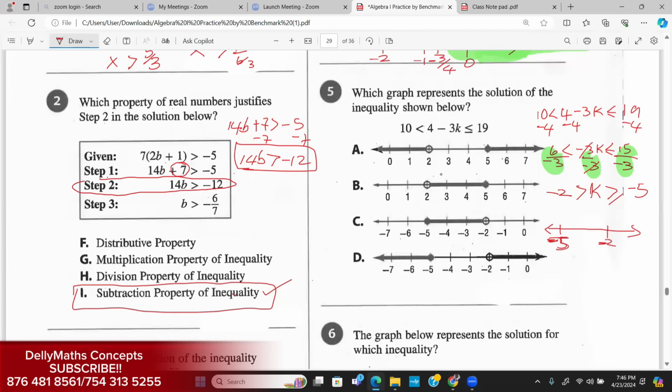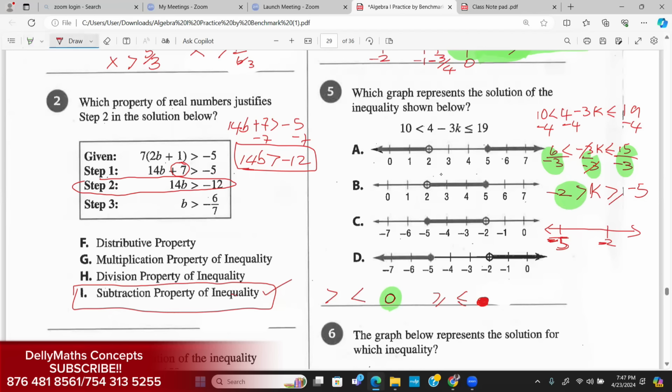When we shade, if we're dealing with this or this, we have an open circle. We're not going to shade it. But if we're dealing with this or this, we have to shade our circle, right? So that is what we're looking out for. So in this case, you could see here that where the negative 2 was, we're going to have that open.